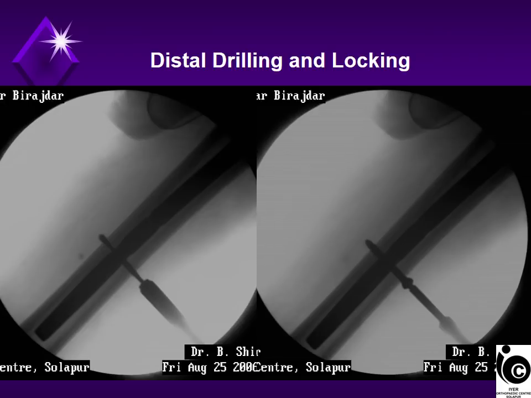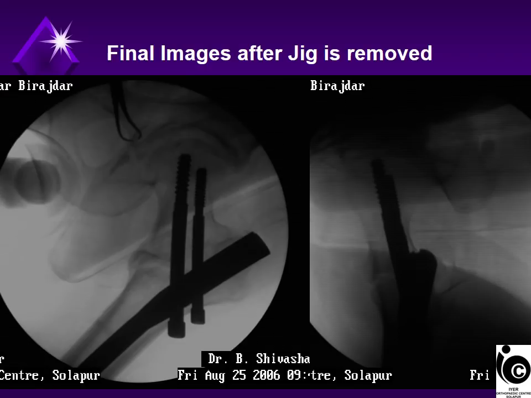Then I normally do dynamic distal locking, whether it's an intertrochanteric fracture or a subtrochanteric fracture, but the world over they advocate static locking for an intertrochanteric fracture, and dynamic locking for a subtrochanteric fracture. Take a final AP and lateral picture on the table after removing the jig, before you shift the patient.